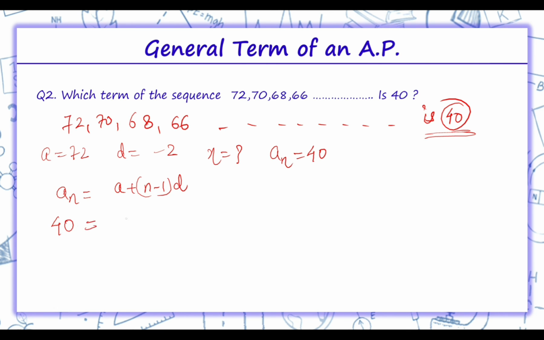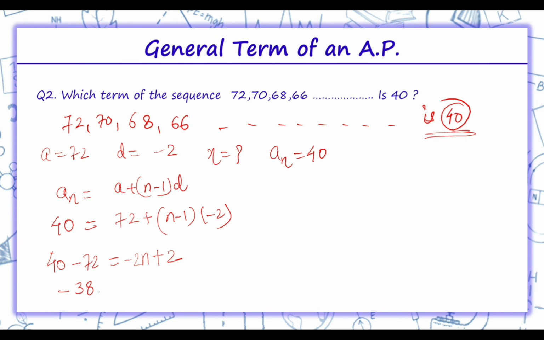An is 40, A is 72, n minus 1 into D which is minus 2. We'll shift 72 to this side, 40 minus 72, and here we'll get minus 2n plus 2. So this 2 will be shifted over here. So we'll get 40 minus 72, which is minus 32. Sorry, it will be minus 32.